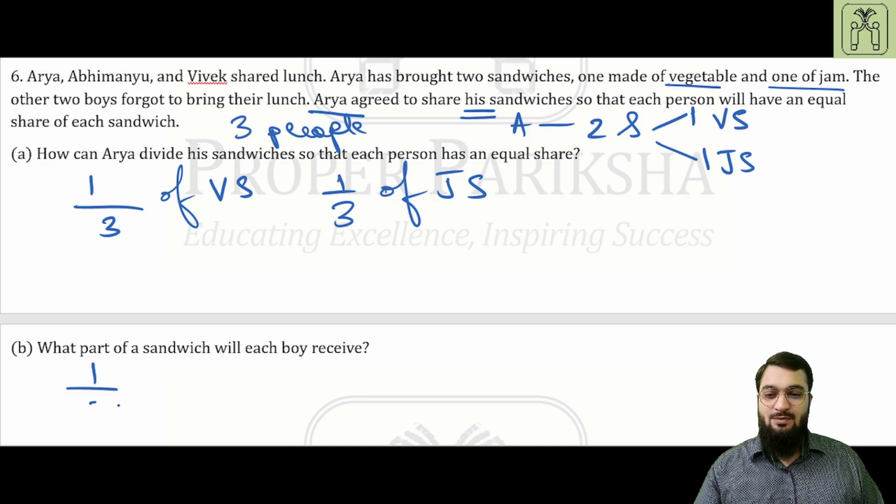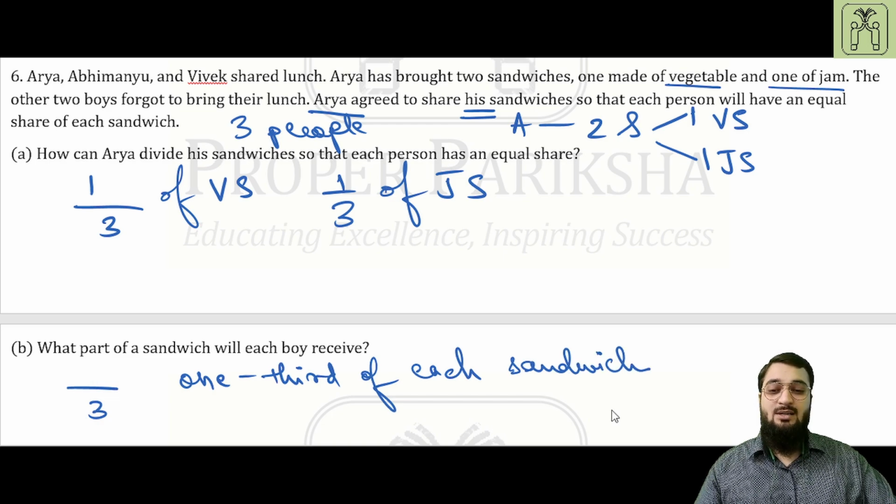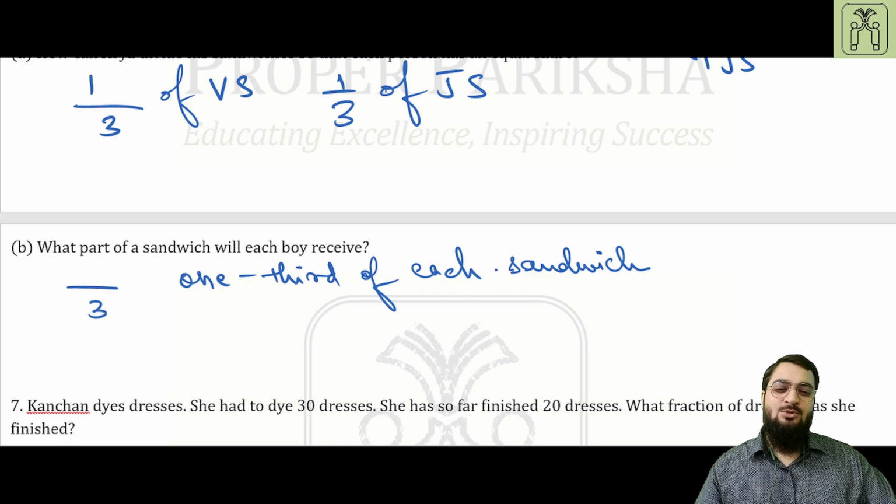So each will receive 1/3 of each sandwich. That is the part that each boy will be receiving. I hope you understand. It is not complicated. You just need to have the concept of fraction in your mind.